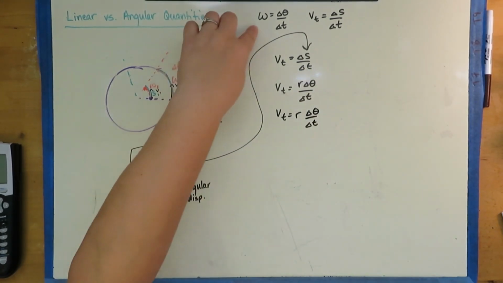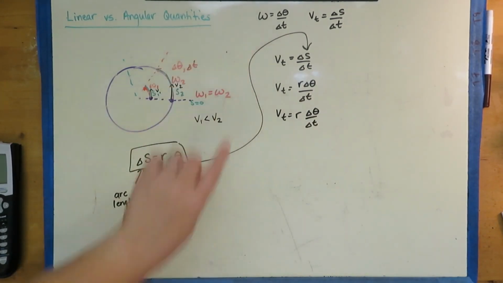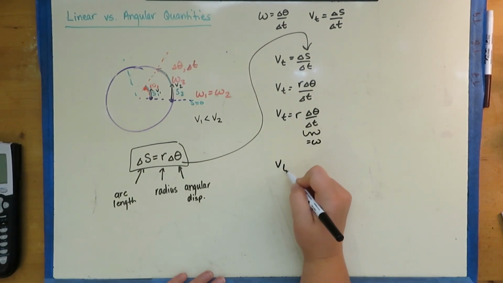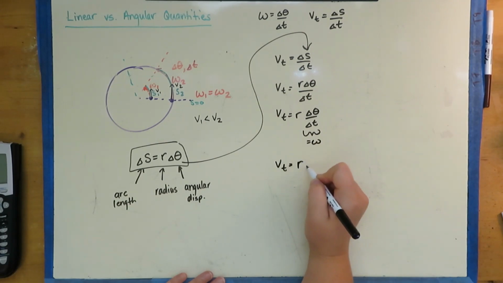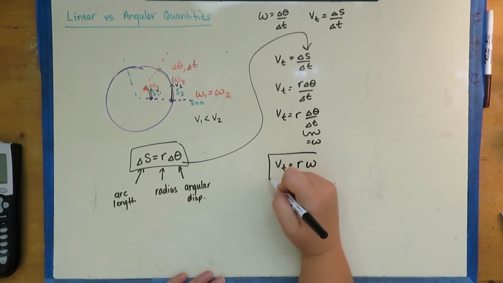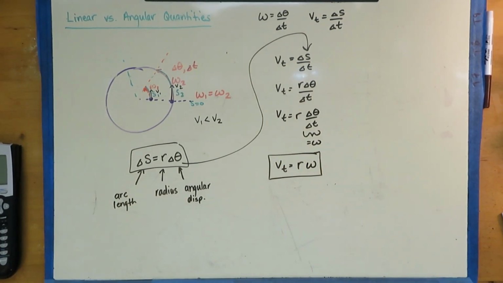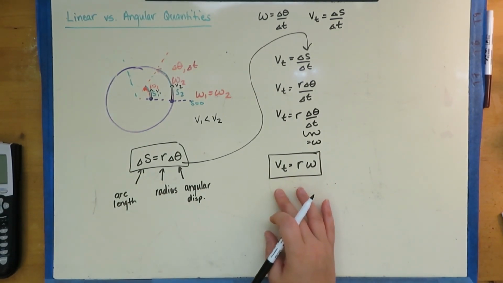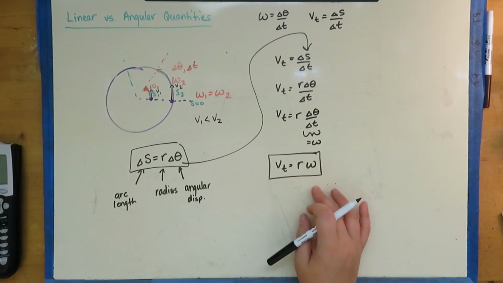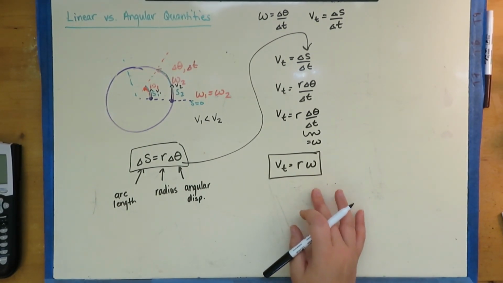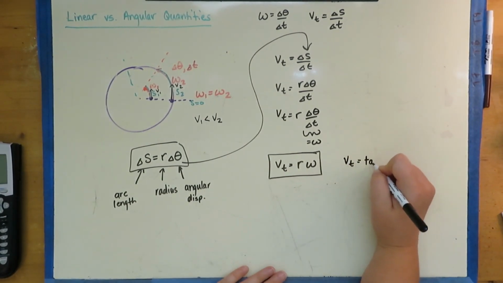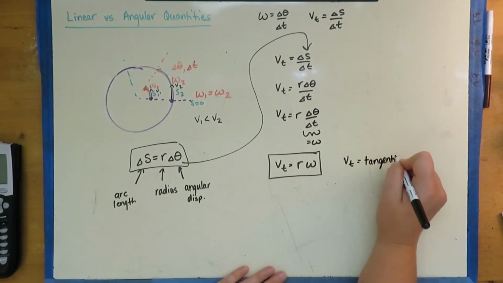Well, what do you know? Delta theta over delta t is omega. So that means my tangential velocity is r times omega. And that is how we relate our linear quantity of tangential velocity to our rotational quantity of angular velocity. So this gives us our Vt. I'm actually going to call it a tangential speed, so I don't have to worry about direction.